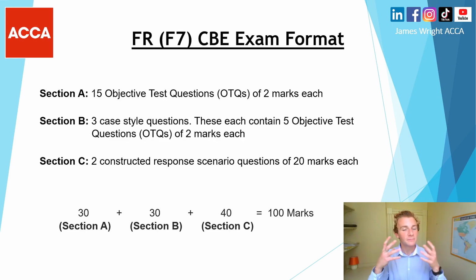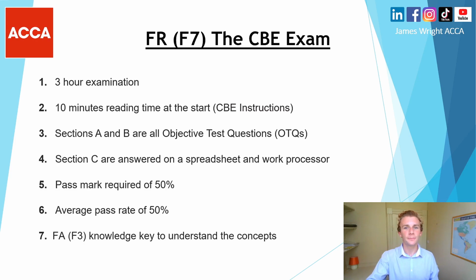All of these are 10 marks each, so 3 times 10 is your 30 marks. And within those, you've got 5 objective test questions again, marked by the computer, at 2 marks. Section C, you've got 2 constructed response scenario questions, and we'll talk it through now, what you should expect to see in each of these different areas.